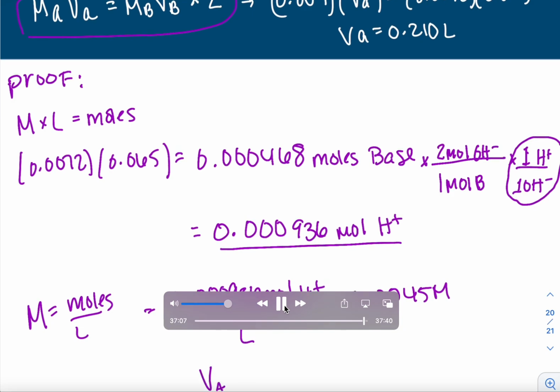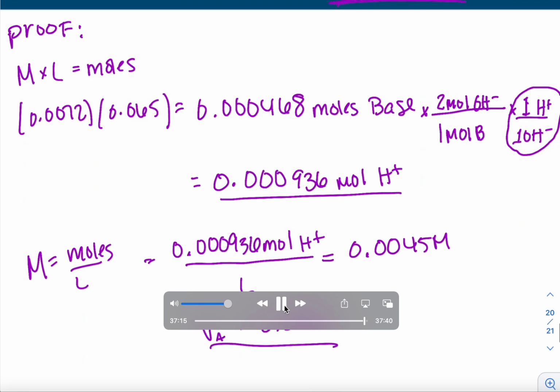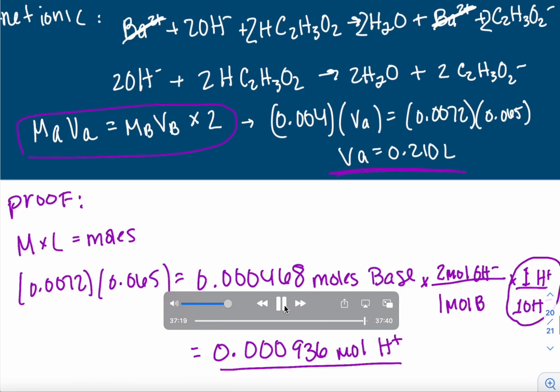And so that gives us, for the volume of the acid, the same that we had up here. So it does work if you just use your MA. MAVA is MBVB, as long as you remember to multiply because you're getting 2 OHs. Forgot the times 2 here.